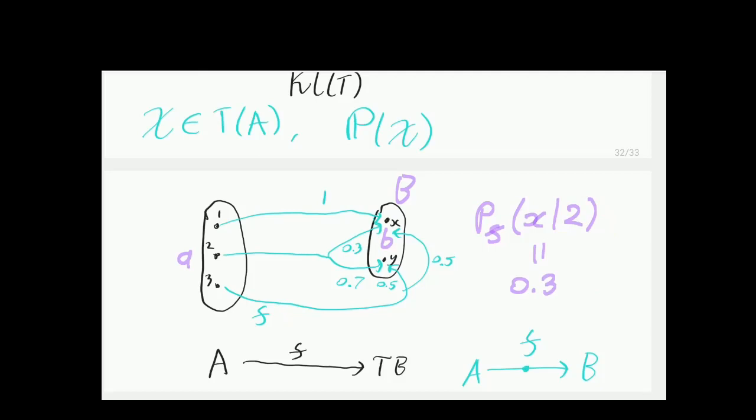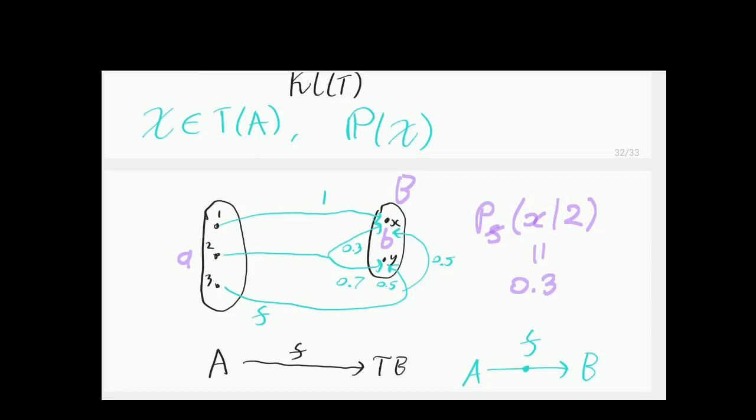So we can record things like the probability that we get an X as our output when 2 is our input, and we're using this stochastic map F. In that case, F is sending 2 to this probability distribution, and so the probability that we get an output of X when the input is 2 equals 0.3.